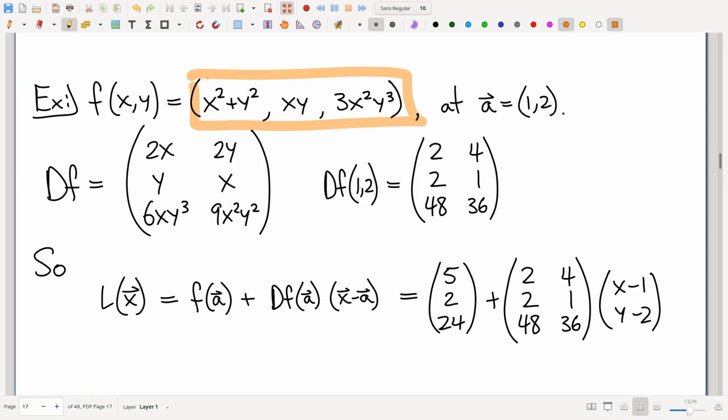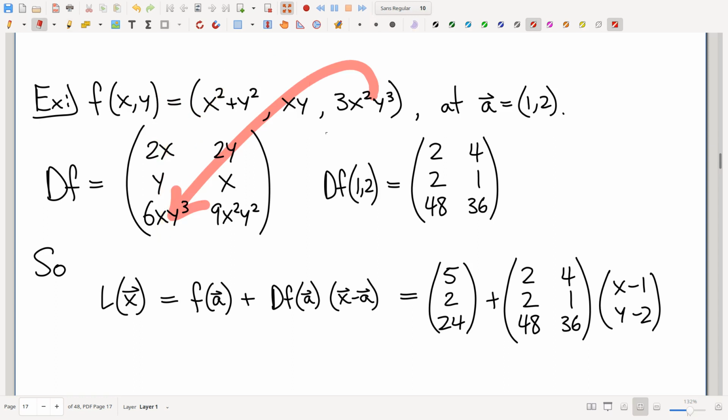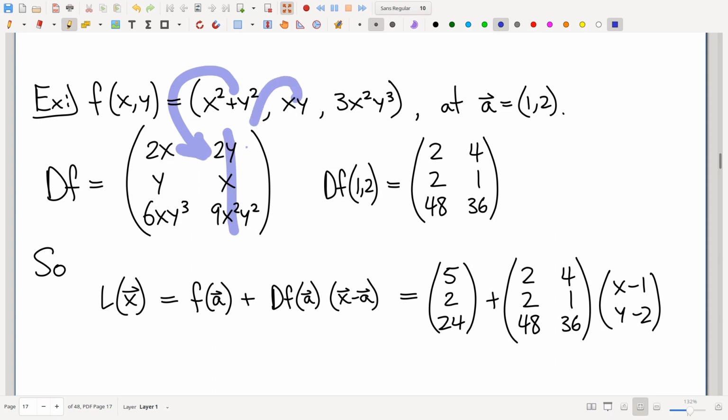All right. So what we have here, this first column, is all of the x partials. You take the x partials, you get those. And likewise, these are all the y partials. So y partial, y partial. Okay, so make sure to get that right.